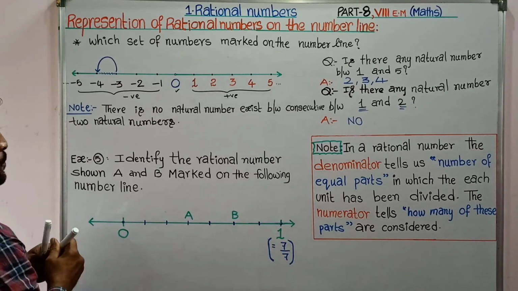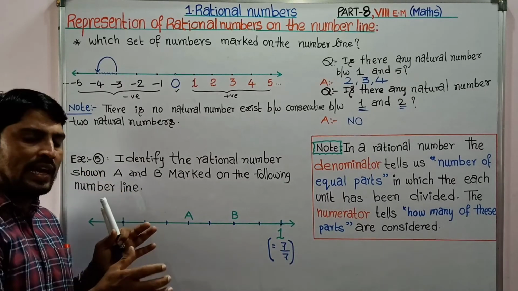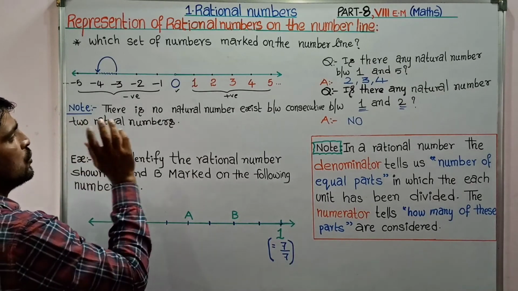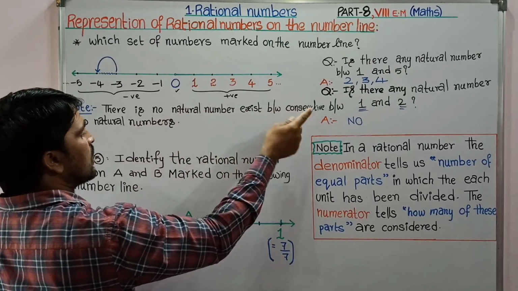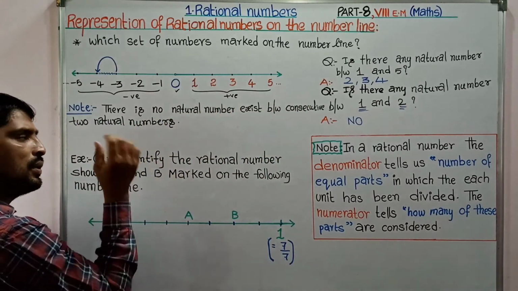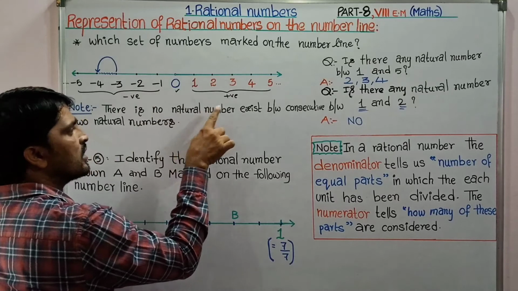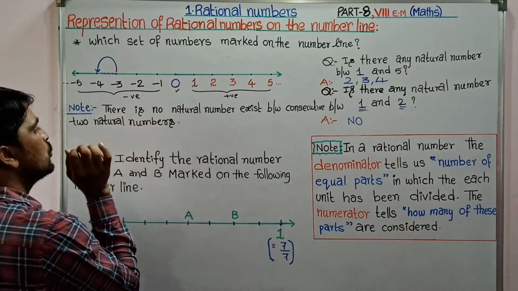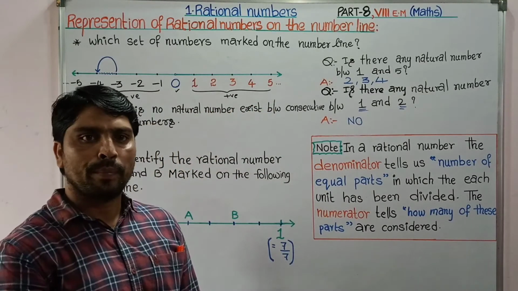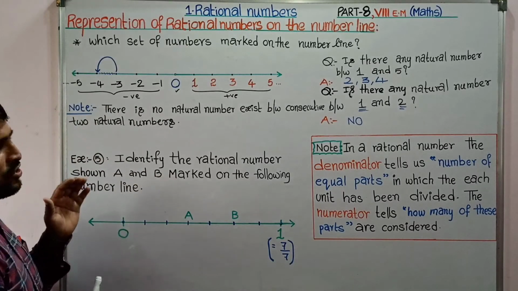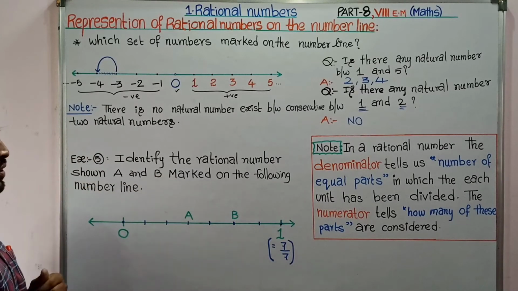Similarly, this property holds true for whole numbers as well as integers. There is no whole number between consecutive two whole numbers. Similarly, there is no integer between consecutive two integers. Okay, these are all about natural numbers, whole numbers, integers.